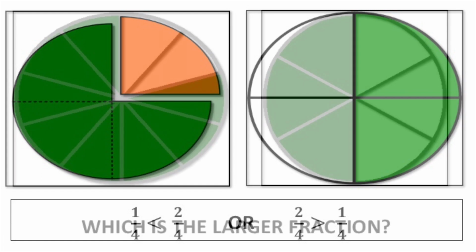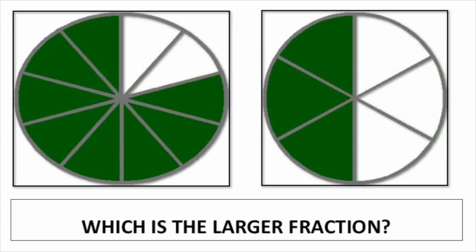Yes. Now how about this one? Which is the larger fraction? Yes. So let's work them out together. How many parts to this circle here? 1, 2, 3, 4, 5, 6, 7, 8, 9, 10.